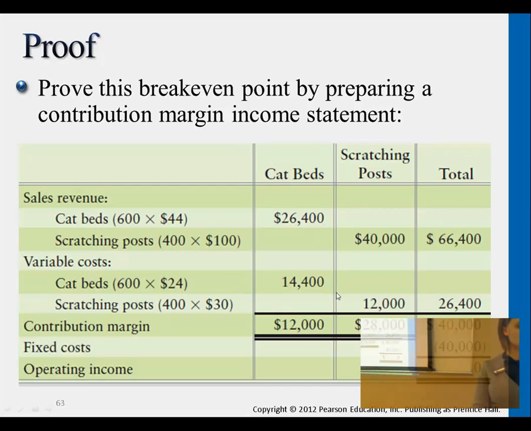And we also put in our variable cost. For cat beds, it's $14,400, and for scratching posts, it's $12,000. That's also something given to you in the table in the very beginning, right? So the total variable cost is $26,400. And then we also know the contribution margin, $12,000 and $28,000.